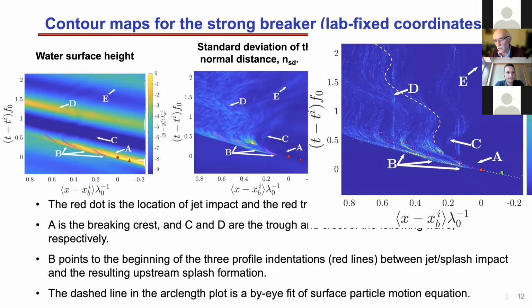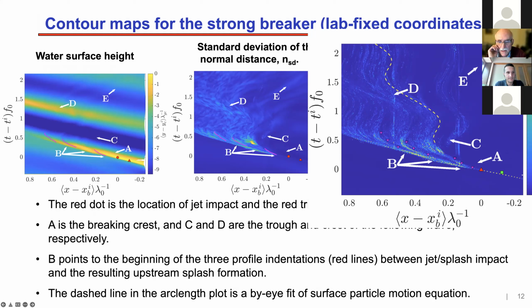I don't have the equation here, but we made a little equation with a horizontal oscillation in it at the frequency of the main wave, and also drift downstream to the left in this plot. We adjusted the parameters till it looked pretty much like the striations we see in the plot. We had a constant drift velocity, which wouldn't really be what's happening here, but we were just trying it out. When we do that, we get this fit, and for at least one wave period, it does look like what we see.